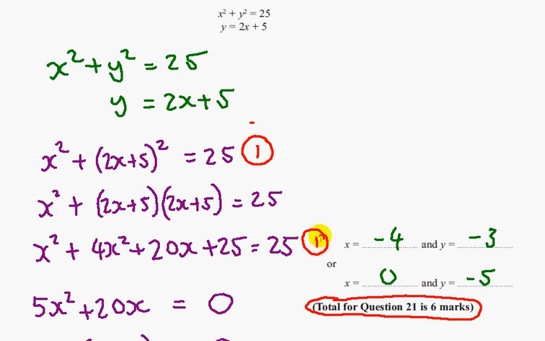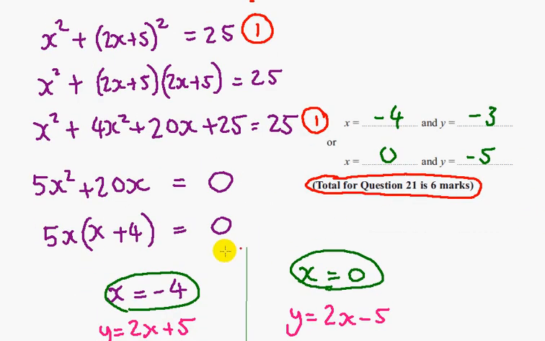The third mark can be for factorising this here, once we've collected the like terms, and then we needed to factorise it.